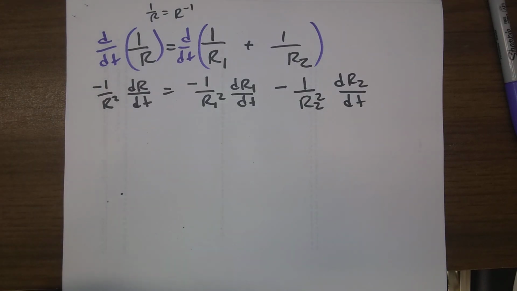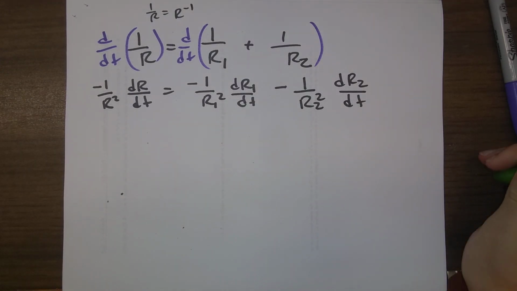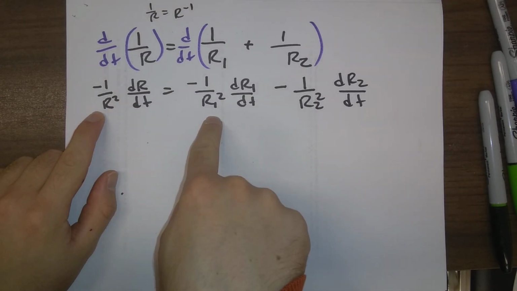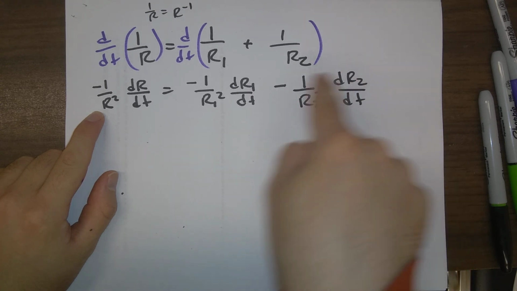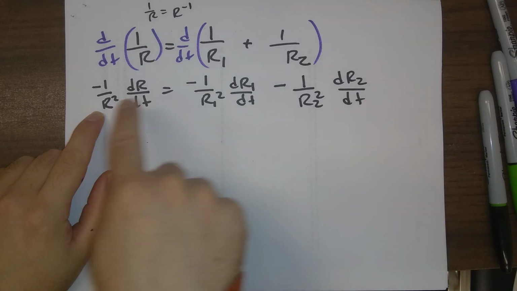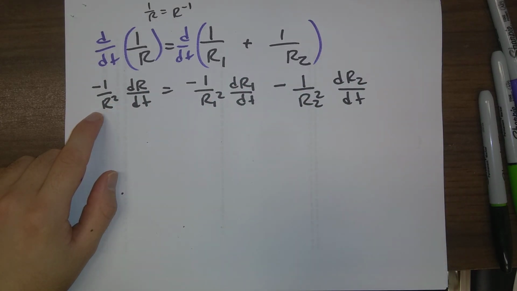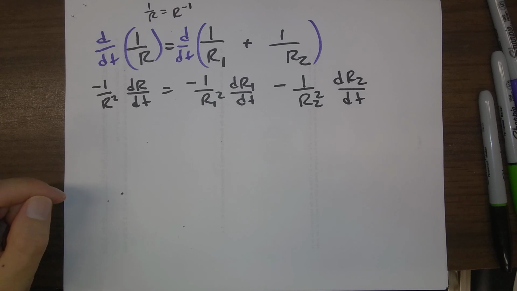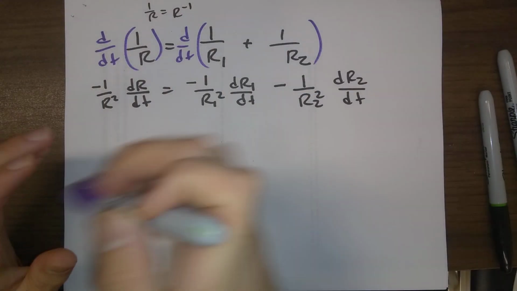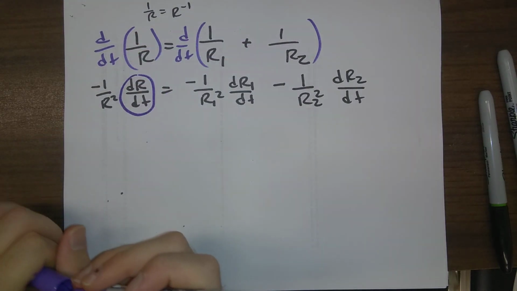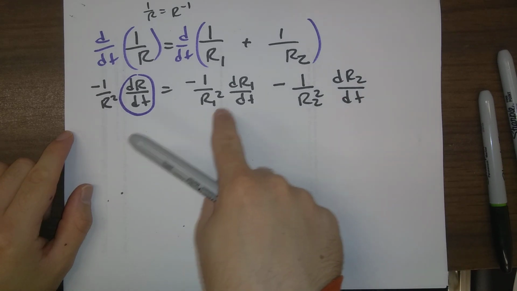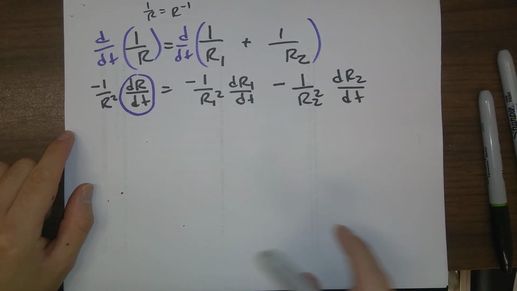So this is how we went from how the resistances are related to how the rates of change of the resistances are related together. At this point we see there are R, dR/dt, R1, dR1/dt, R2, dR2/dt. So there's 6 things in here. The thing we're looking for, how fast is R changing, dR/dt, that's what we're looking for. And so we're going to try to plop in values for R, R1, dR1/dt, R2, dR2/dt.